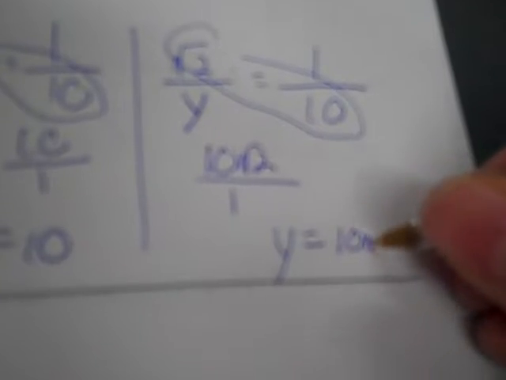This is easy. 1 times 10 is 10, divided by 1 is 10, so that x has a value of 10. Okay, now over here, 10 square root of 2 divided by 1. 10 divided by 1 is 10, square root of 2. Okay, 10 and 10 square root of 2.